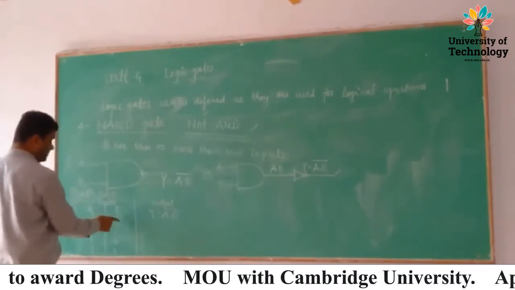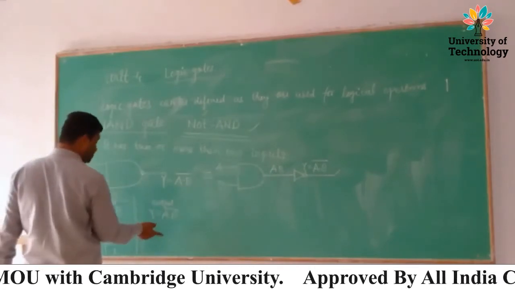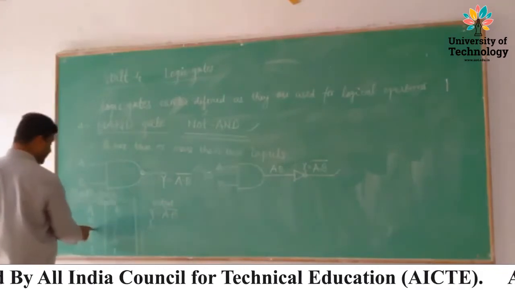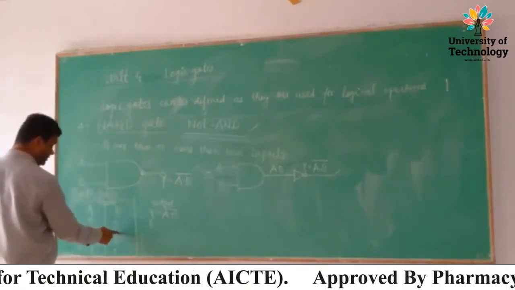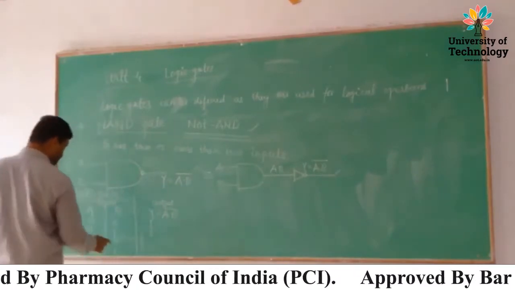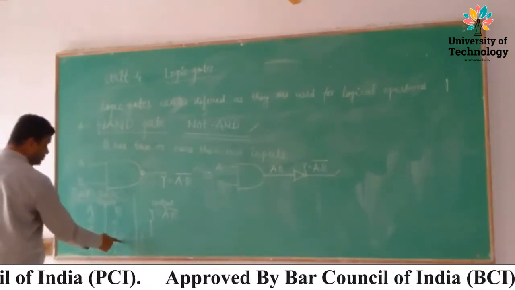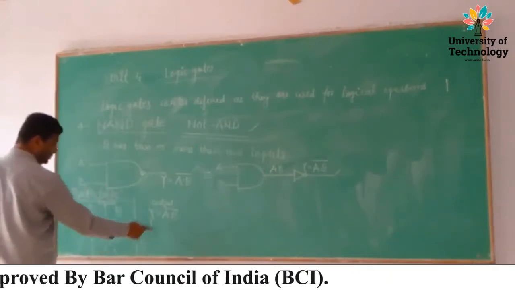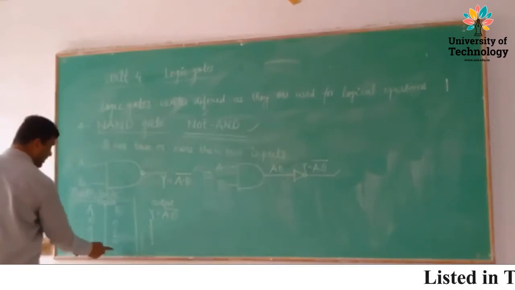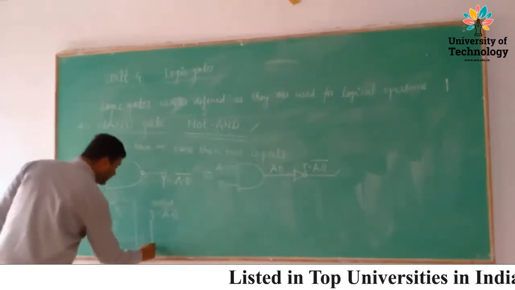First case 0 into 0 is 0, 0 bar is 1. Second case 0 into 1 is 0, 0 bar is 1. Third case 1 into 0 is 0, 0 bar is 1. And last case 1 into 1 is 1, 1 bar is 0.